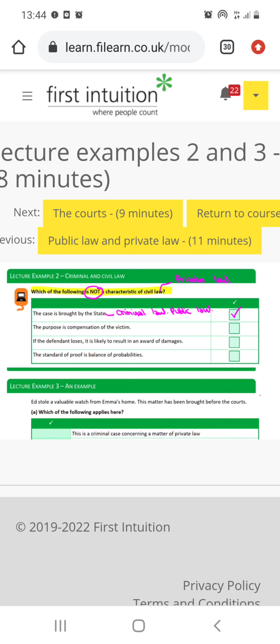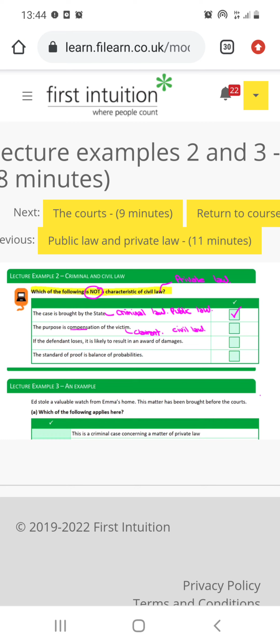The second one here, the purpose is compensation of the victim. The victim is the claimant. And this is actually a feature of civil law. So incorrect in this question, it is not a characteristic of civil law.